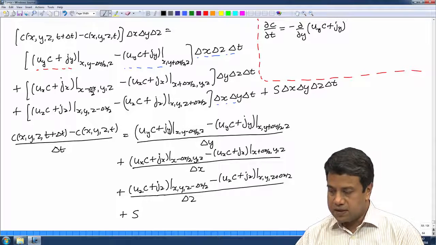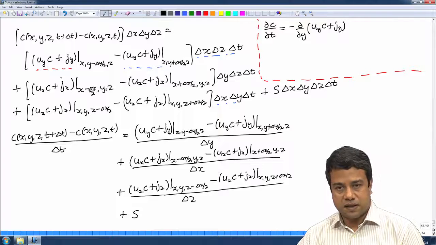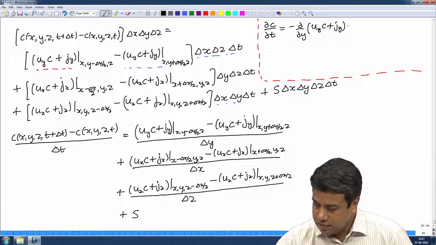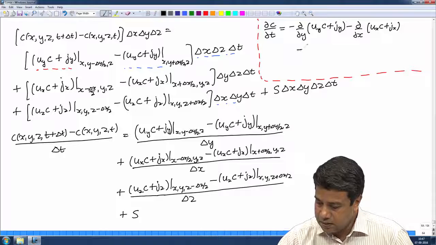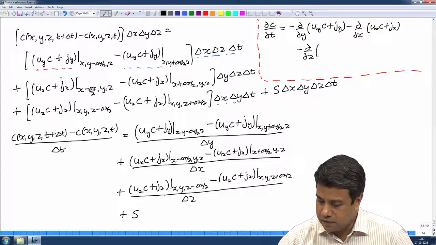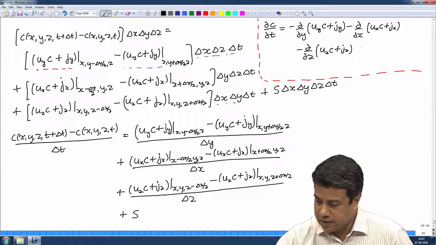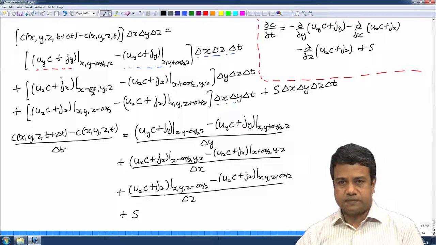You will get a similar expression in the x and the z directions, minus d by dx of (u_x c plus j_x), minus d by dz of (u_z c plus j_z), plus any source.